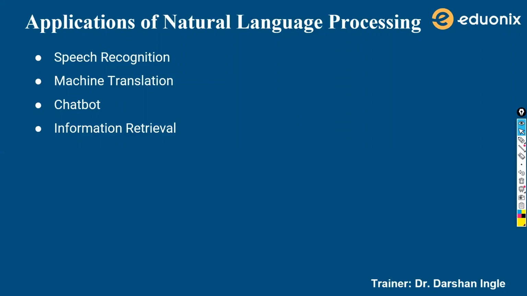Now, there are popular information retrieval techniques in natural language processing. Some of them, as I told you, are stemming. Then there is POS tagging. So given a sentence, you properly tag the parts of speech. You also have a technique called word sense disambiguation, which I'll be discussing shortly in the upcoming slides.